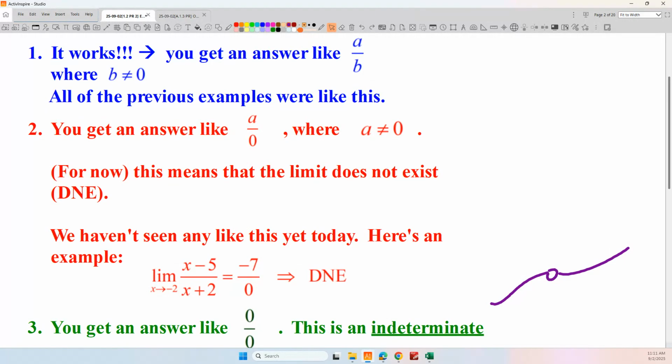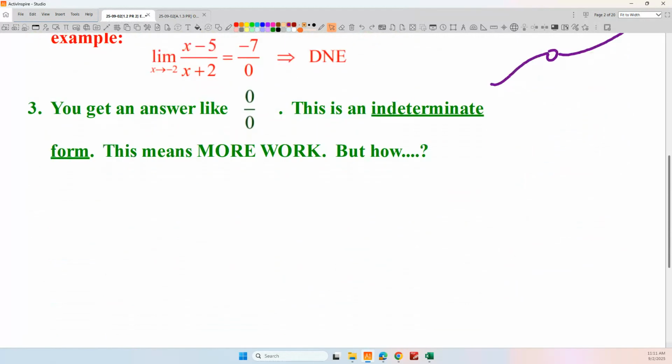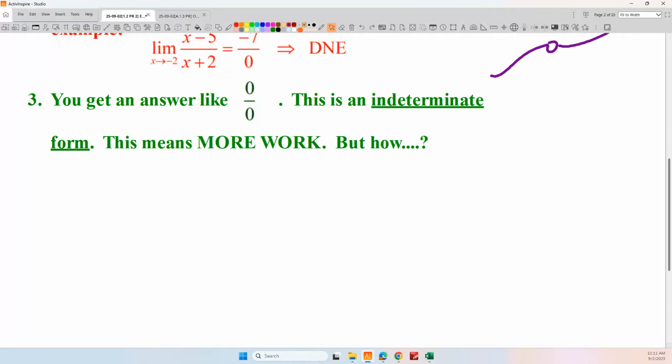You might get an answer that looks like a non-zero number divided by zero, which does not exist, and we'll go further with that soon. Or you might get an indeterminate form. You might get something that looks like 0 divided by 0, or later in the year, something like infinity divided by infinity.